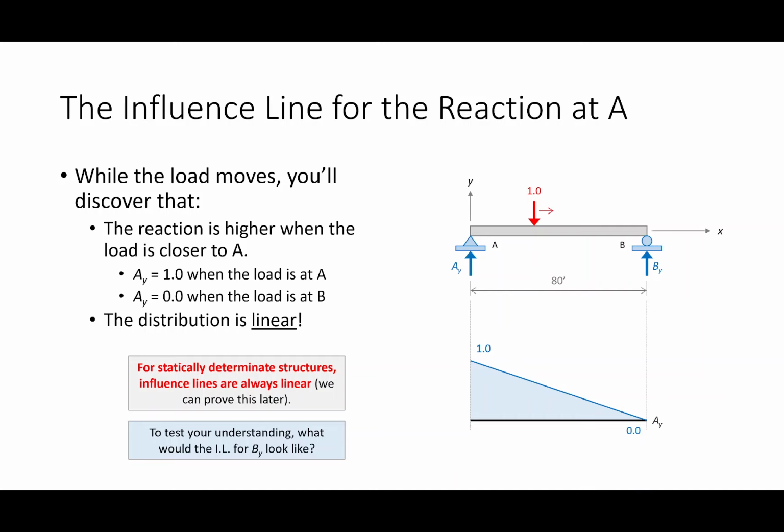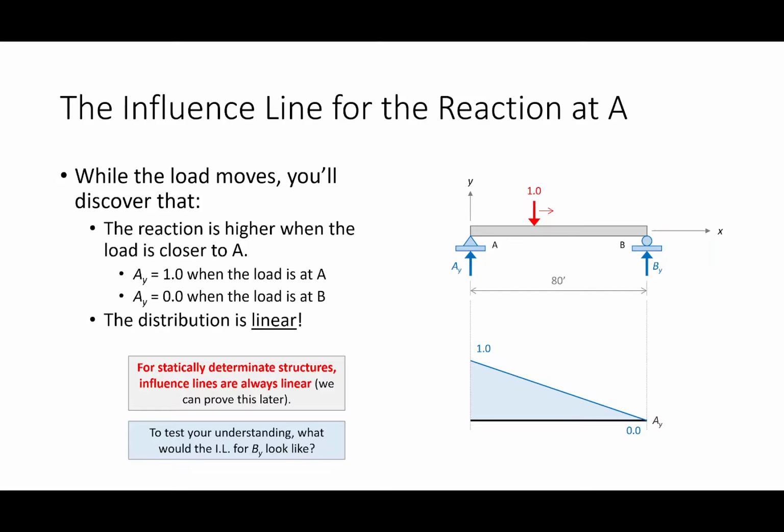And this influence line tells me what the reaction at A is due to this load present anywhere on the structure, right? I propose that now that I have this influence line, I can tell you the reaction due to any load anywhere. Okay? But we'll get to that later.